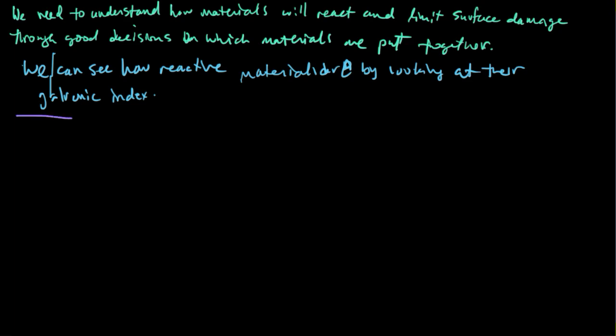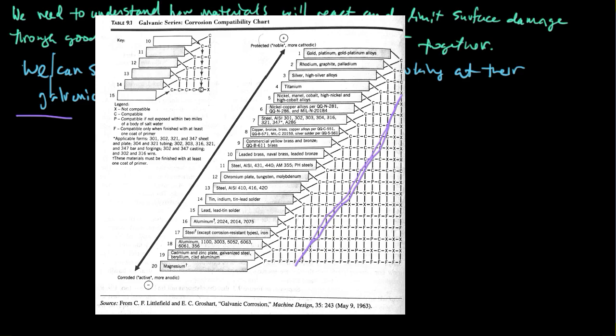And using this table, we can take a look at how reactive materials are with one another. If we look at the table here, we can see that cadmium and aluminum are 3 levels from each other. So using cadmium plated screws in aluminum is likely okay for some environments.